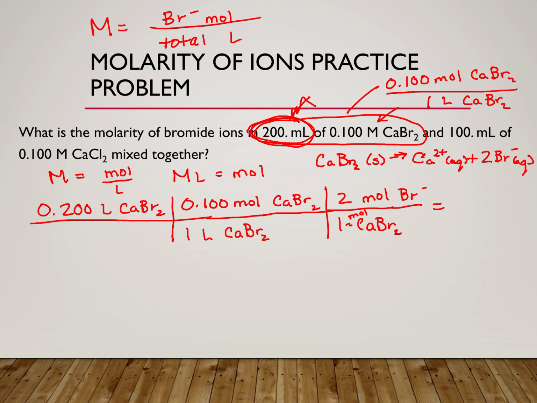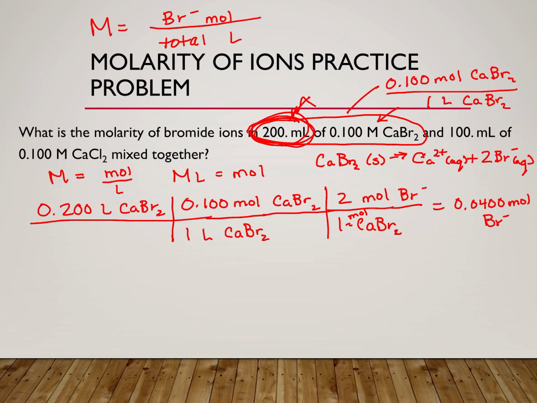So then we can multiply all of this out, and we get that we have 0.0400 moles of bromide ions total, right? So this is just coming from our calcium bromide. We use our volume and our molarity to figure out how many moles of bromide ions we actually put in our solution.